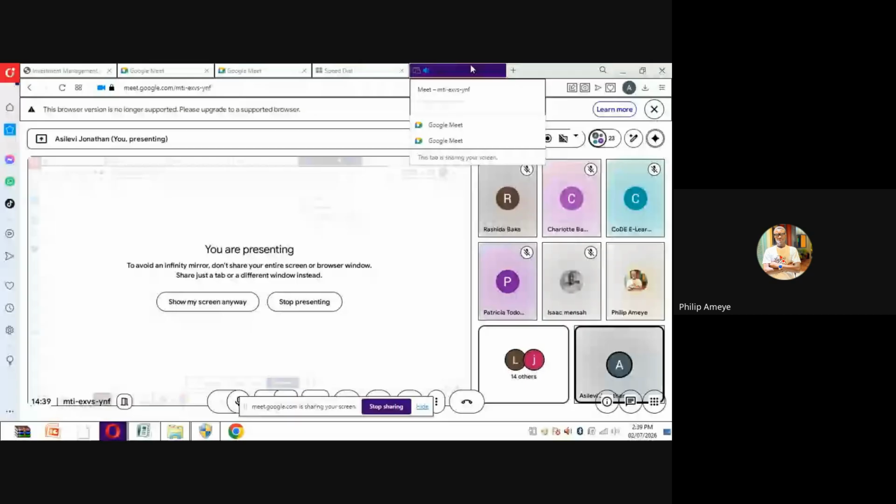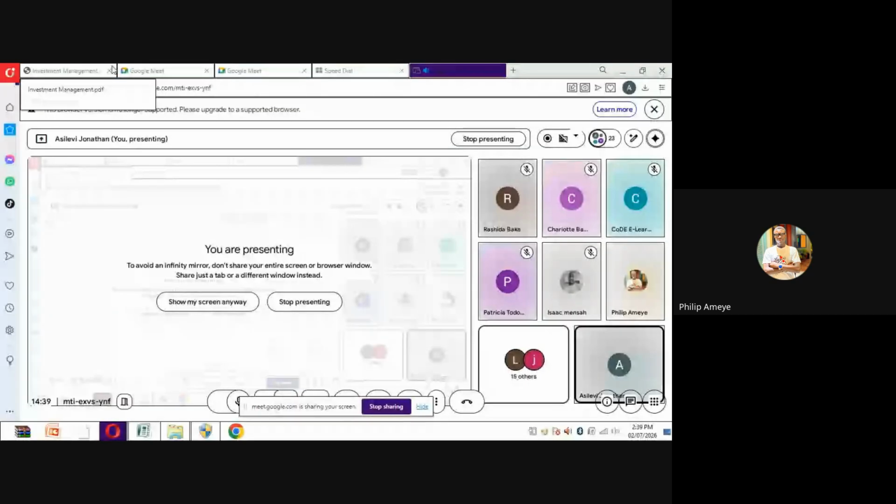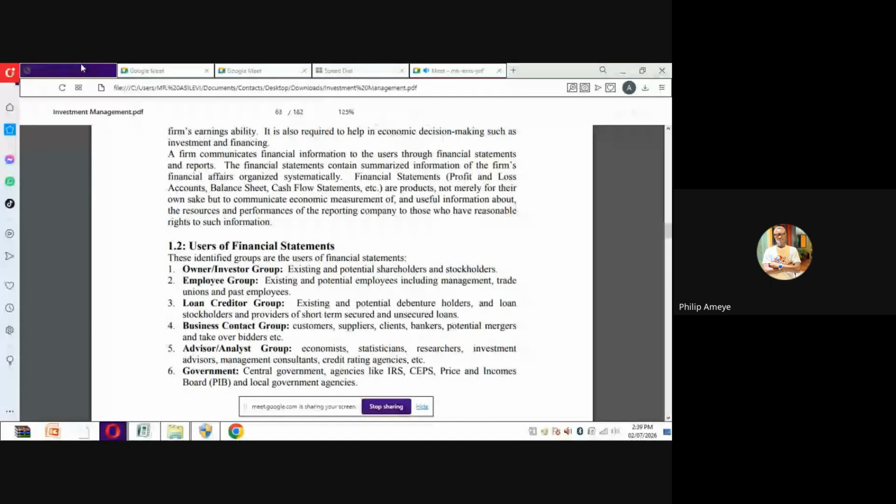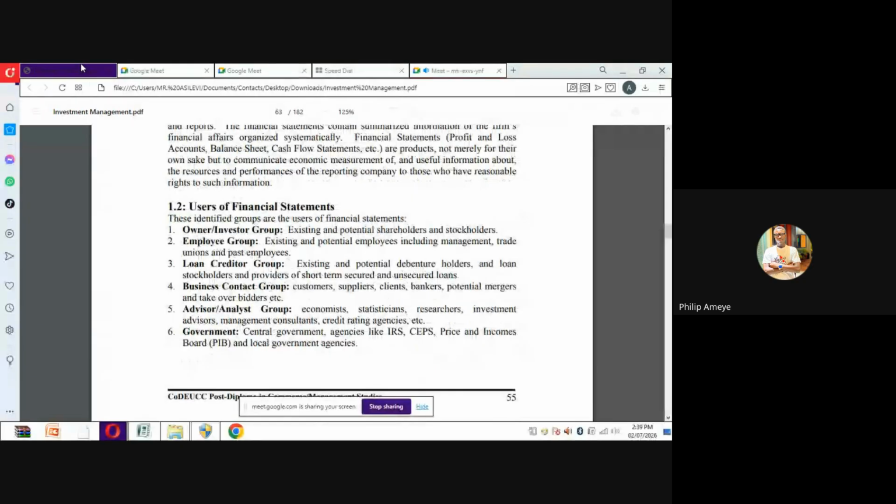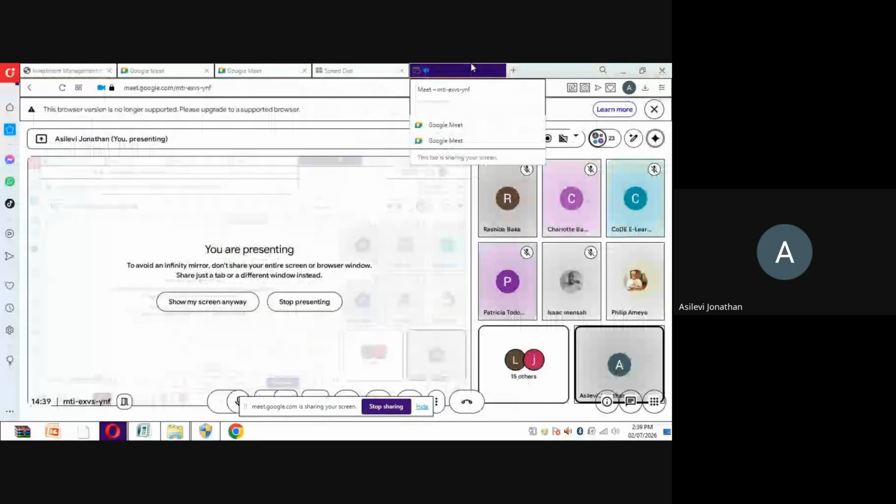Users of financial statements. These identified groups are the users of financial statements. One, owner or investor group, existing and potential. Hello, sir. So please, somebody else should read. I'm sure his network is having a problem.